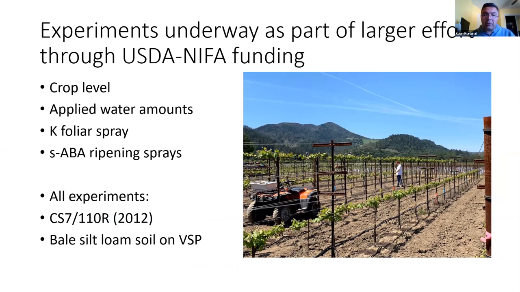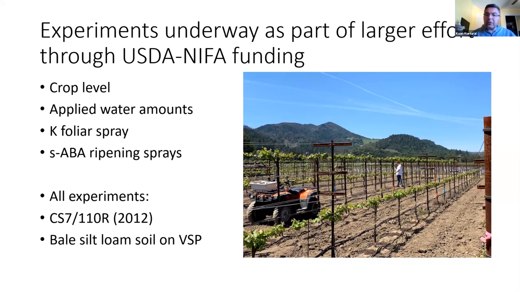Does applied water amount affect this? There's a lot of interest in using foliar sprays. And then we constantly get questions about, can I apply a ripening agent such as the abscisic acid hormone to make the grapes riper? All these experiments were done both at the university and grower locations.